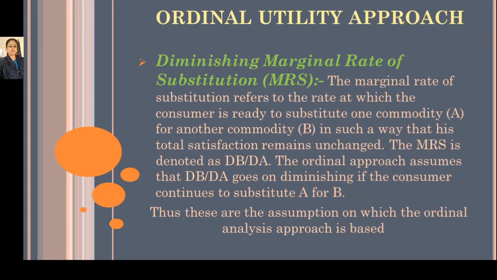If a consumer has limited income, he can purchase both the commodities within his limited income, and if he wants more units of the other commodity, then he has to substitute some units of one commodity for getting some more units of another commodity. So these are the assumptions on which the ordinal utility approach is based.